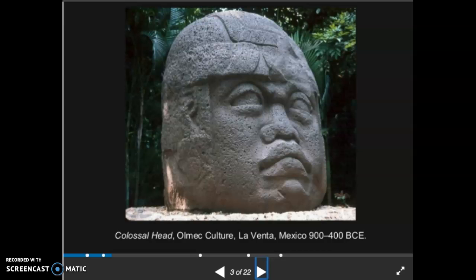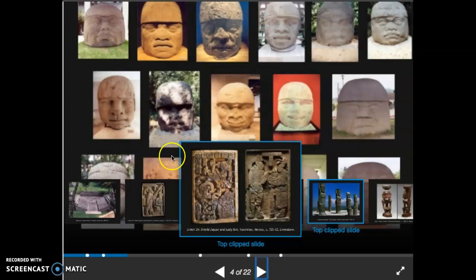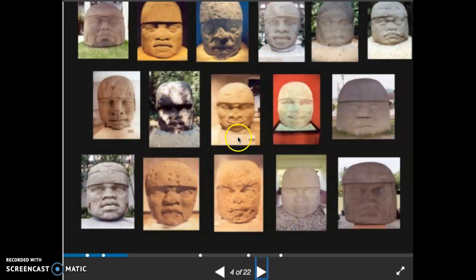They're considered to look really naturalistic, somewhere between abstract and pretty naturalistic. The expressions vary. Some of them are very placid faces. Some of them have this kind of turned-in face with crossed eyes.